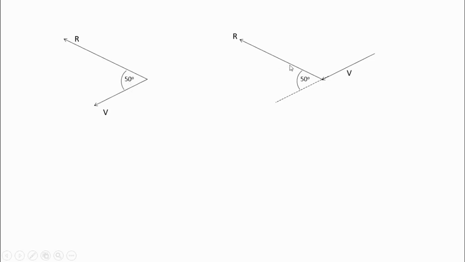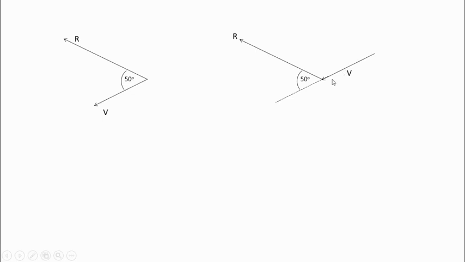Over here, I have the same two vectors, same r and same v. Not just because I've labeled them r and v, but because this r is the same length as this r, and it is pointing in the same direction as this r. So these two are parallel. So they're equal because they have the same size and they're pointing in the same direction, the two r vectors here.